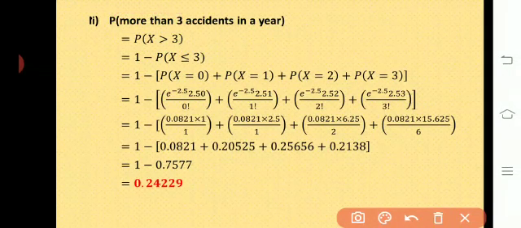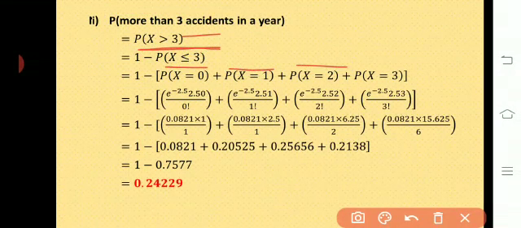Practically, it is not possible to find the probability up to infinity. So probability of x greater than 3 is 1 minus probability of x less than or equal to 3, which means 1 minus the sum of probability of x equal to 0, 1, 2 and 3.